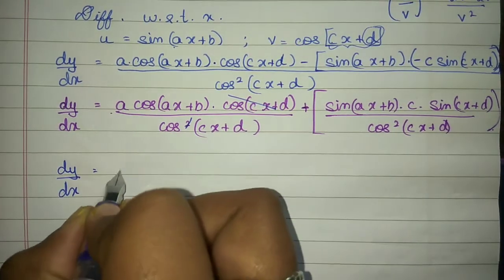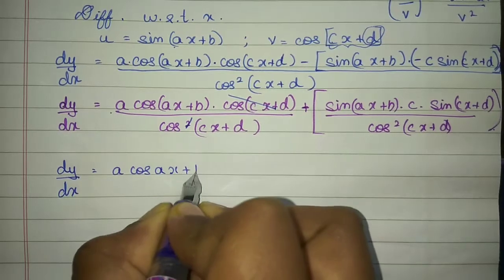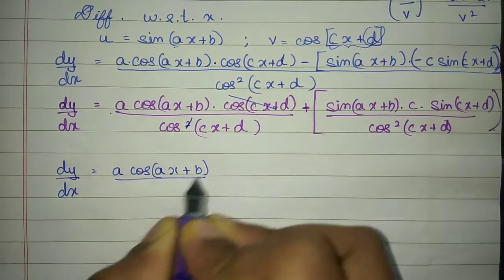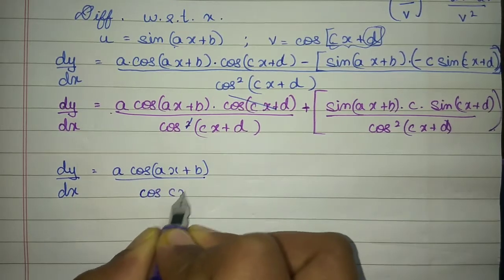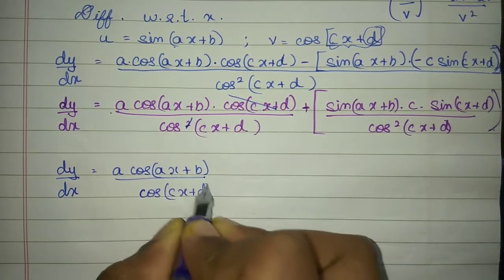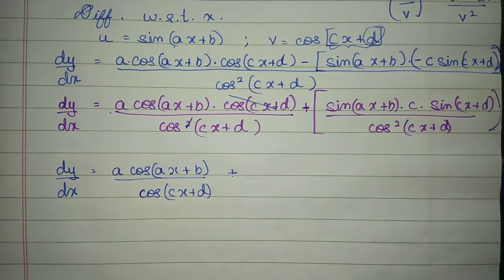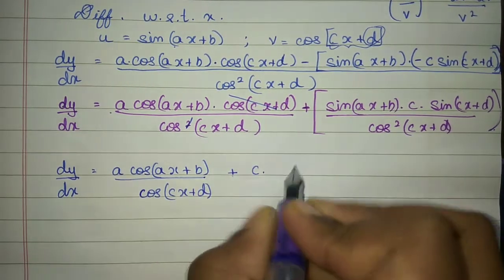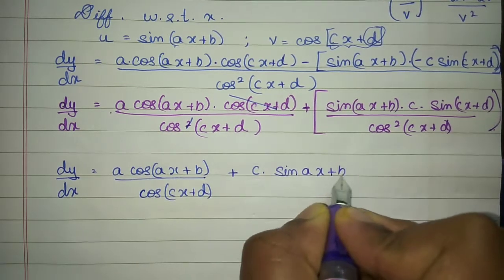So I will have a cos ax plus b divided by cos cx plus d, plus c into sin ax plus b.